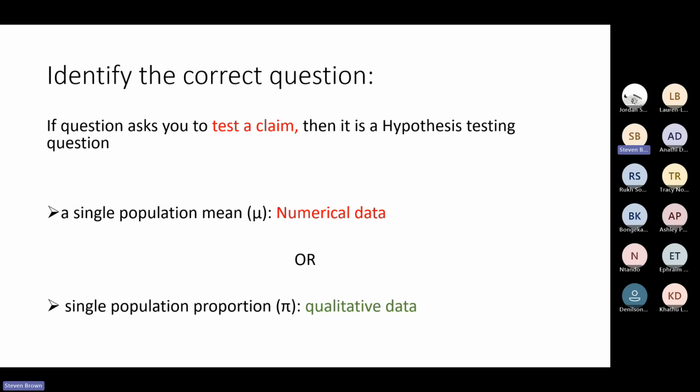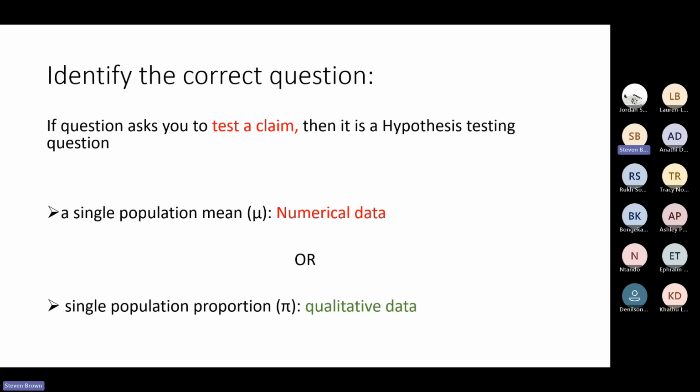So if I come along to you and say, I've just made a brand new SUV tire, and it lasts 65,000 kilometers, that's my claim. And you can come along to me and say, well, then prove it. So I have to prove that claim. I say an SUV tire lasts 65,000 Ks.